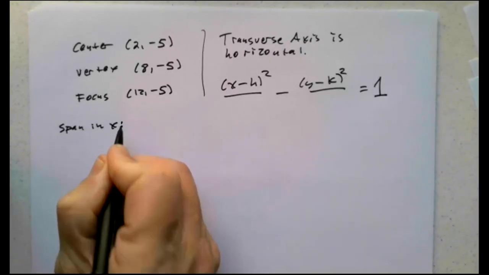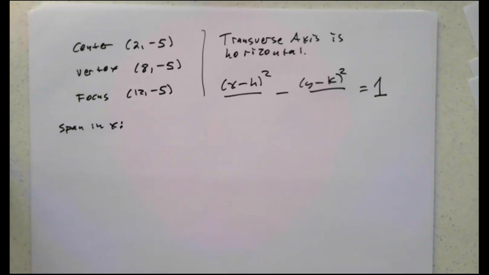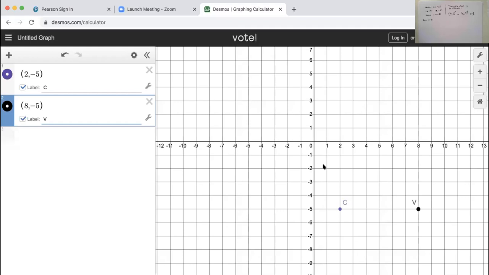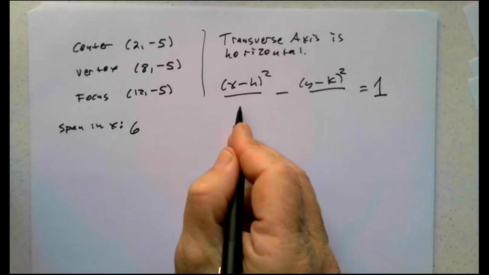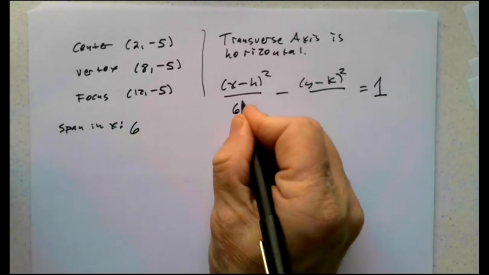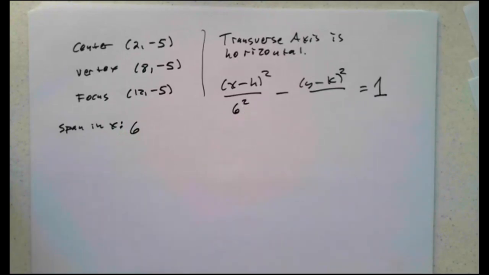Remember, the span in x is the distance from the center to the vertex. So let's look. Here's the center, here's the vertex. 1, 2, 3, 4, 5, 6. So the span in x is 6. So downstairs here, I'm going to have 6 squared. From the center to the vertex will be 6 squared.